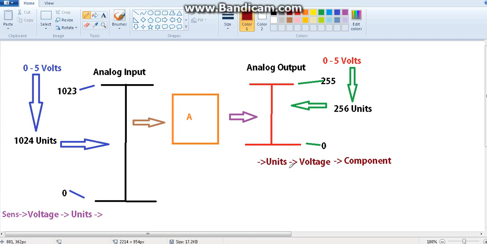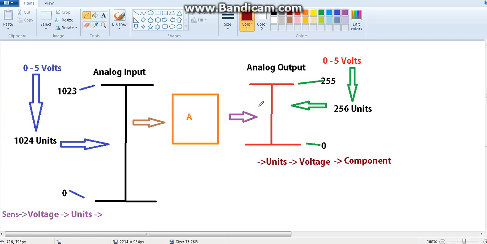We are mentioning the units first, and it will be converted to a voltage, and the voltage will be provided to whatever the output component is from Arduino. So the conversion is happening using the scale and this voltage range. We are just telling only the unit values, but we keep in mind that our unit scale is 0 to 255.